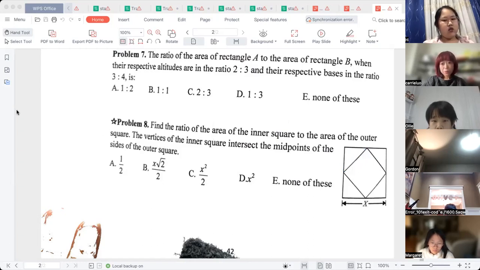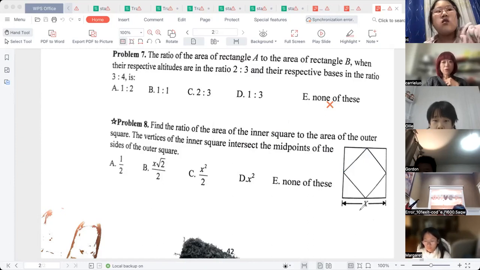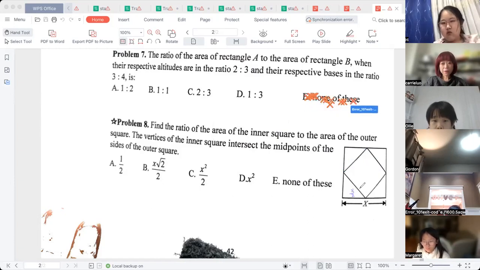The easiest way, everybody, let me give you the quickest way. Of course, it could be X, right? But if you have a number, like for instance 2 or 3, you can also use that. So this is X, this is half X, and this one's half X as well.